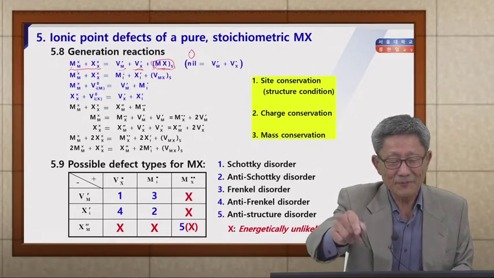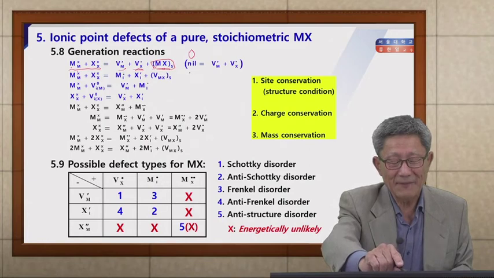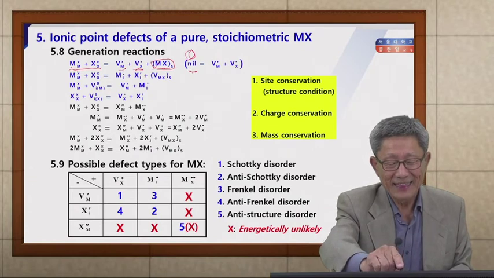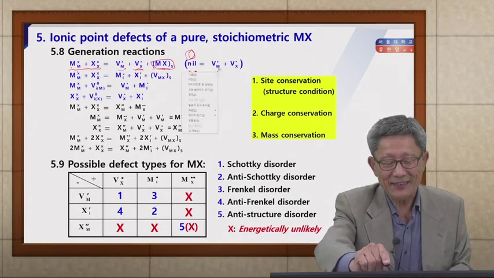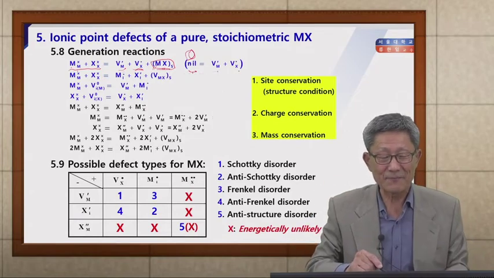In European literature, or in the older literature on defect chemistry, they used to use nil instead of 0. So from nil, cation vacancy and anion vacancy, both defect pair can be generated.